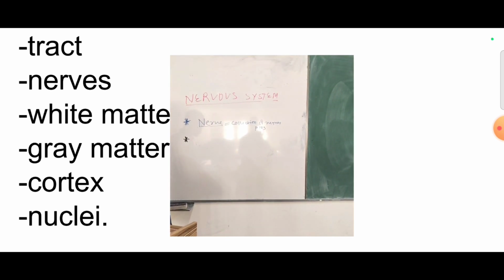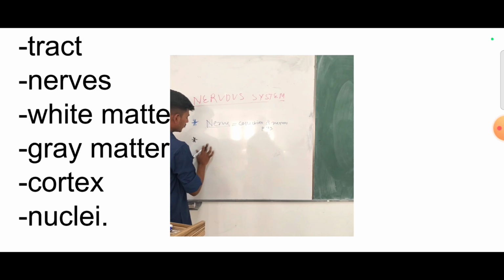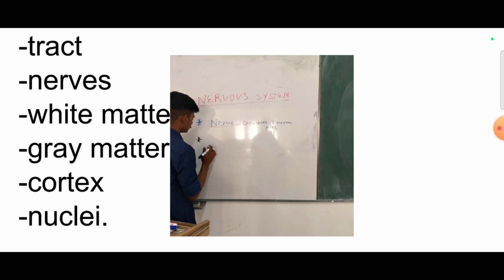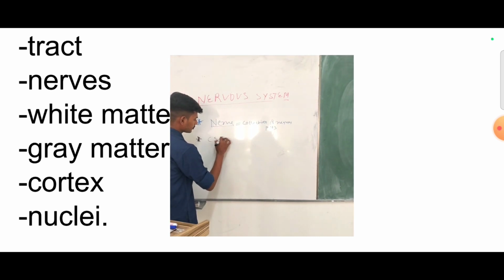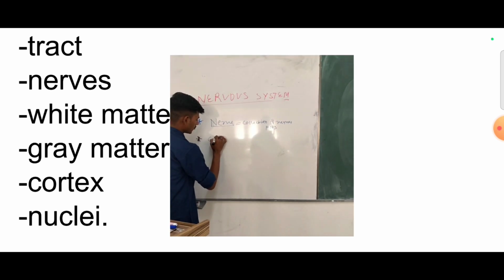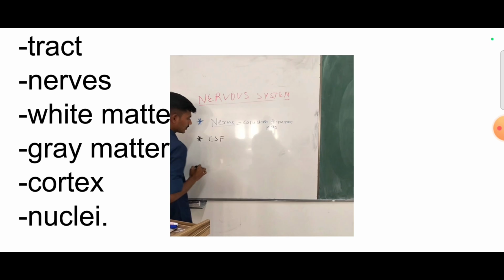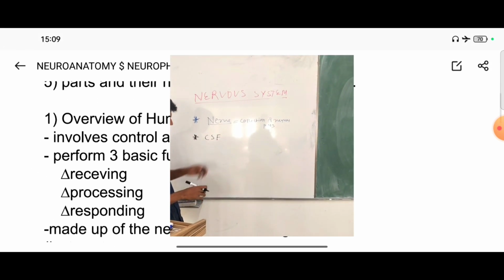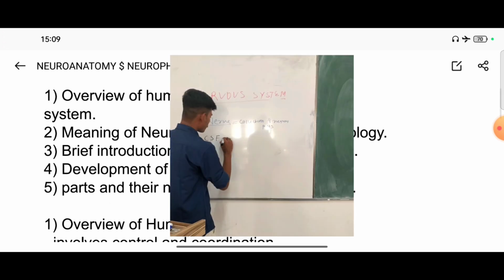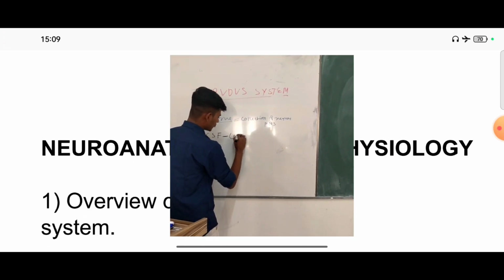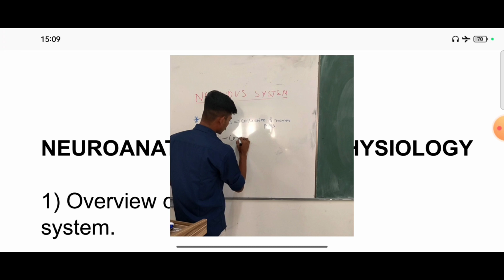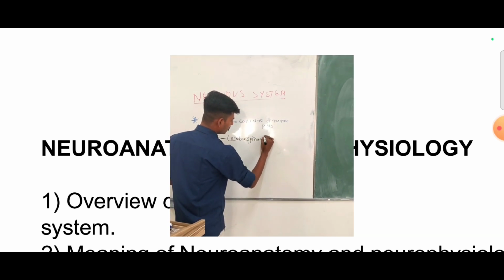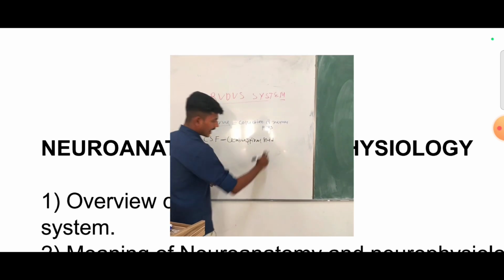Now just write down the last term related with the central nervous system, CSF. Do you know the extended form of CSF? Cerebrospinal fluid.